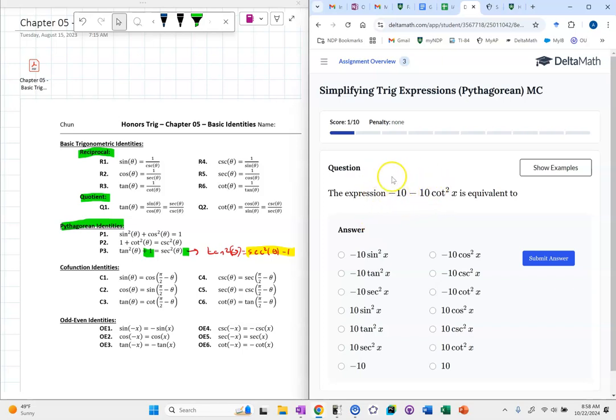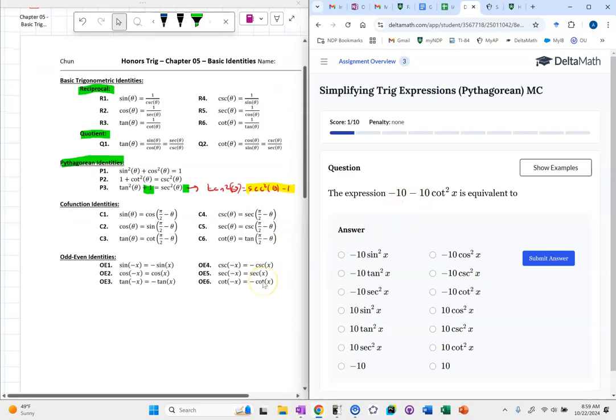Here I have 10 minus 10 cotangent squared theta. When I look at this, I'm going to factor out a negative 10 because I see that's in common to both pieces. If I do that, I'm going to have 1 plus cotangent squared.